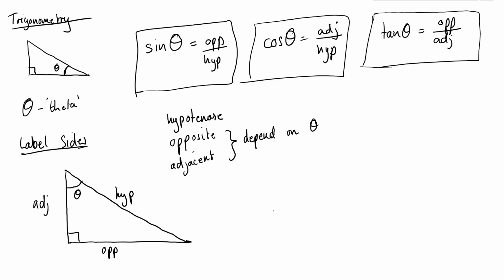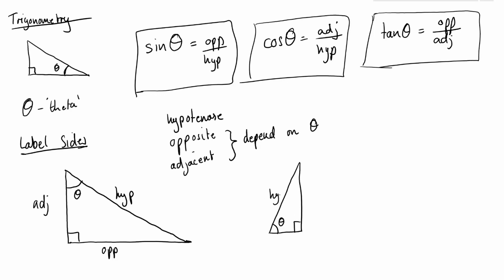Just to be sure that we've got this, we could draw a different kind of right angle triangle. Let's say we had a right angle triangle that looked like this instead, where this one here is your angle theta. If we wanted to label the hypotenuse first, it's always the longest one opposite the right angle.